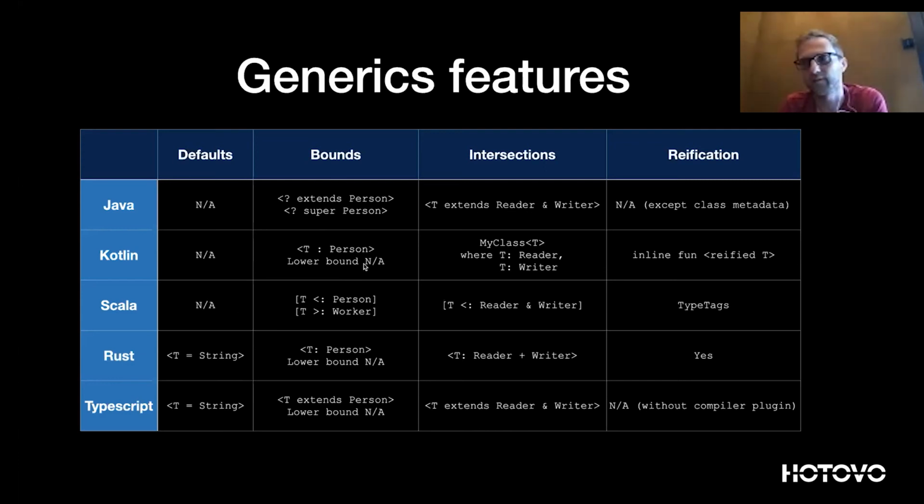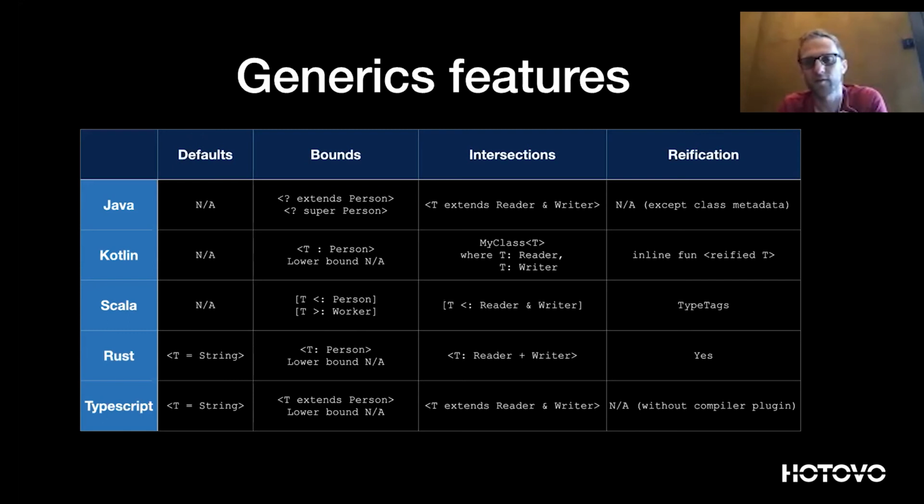But again, as Kotlin supports declaration-site variance with in and out keywords, it can easily assign that. Scala supports type bounds in this form. Rust, similar to Kotlin, doesn't support lower bounds because it's rarely needed. TypeScript, same.